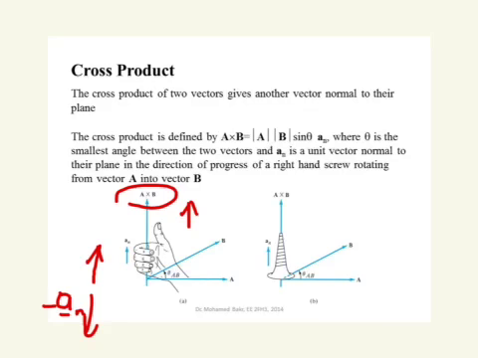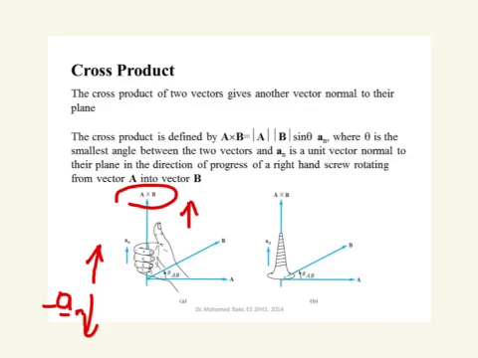So now you must understand this. What is the meaning of the cross product? It gives you a vector which is normal to the plane of the two vectors, in the direction of progress of a right-hand screw from the first one to the second one. Its magnitude is modulus A modulus B sine theta, where theta is the smallest angle between the two vectors.